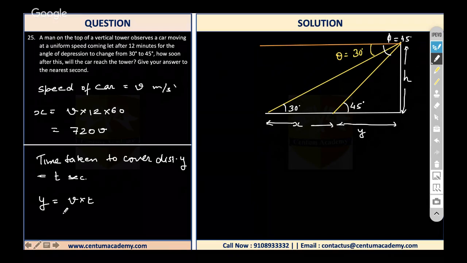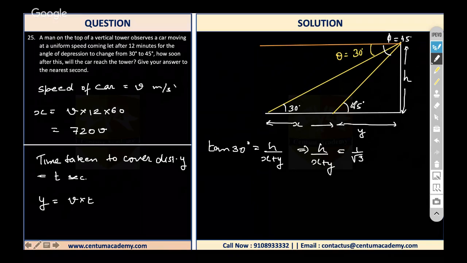Now let us use 30 and 45. This is what it is indicating. So you'll have to use 30 and 45 somewhere. So how do we use it? So tan 30, I know tan 30 degrees is h upon x plus y, isn't it? So hence this implies h upon x plus y is equal to 1 upon root 3.